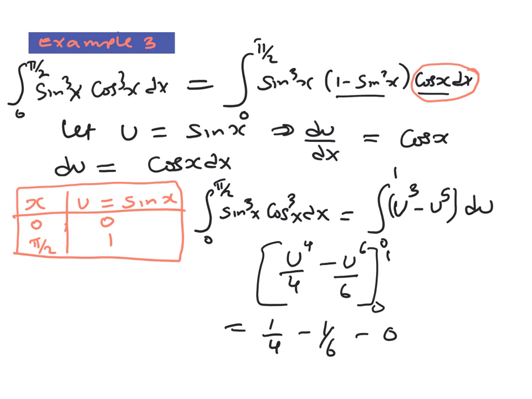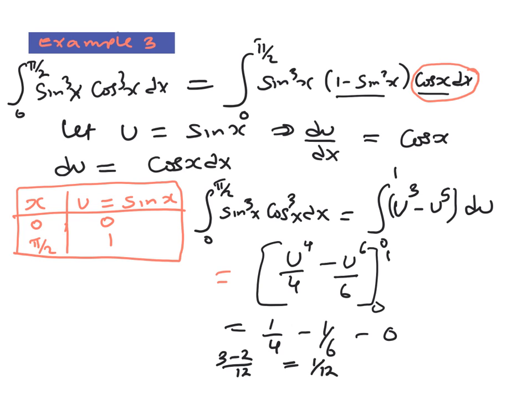Just get your pocket calculator, compute this, and you have the answer right away. 1 over 4 minus 1 over 6: the LCM is 12. 12 divided by 4 is 3, minus 2 out of 12, which is 1 over 12. That's what I'm getting.